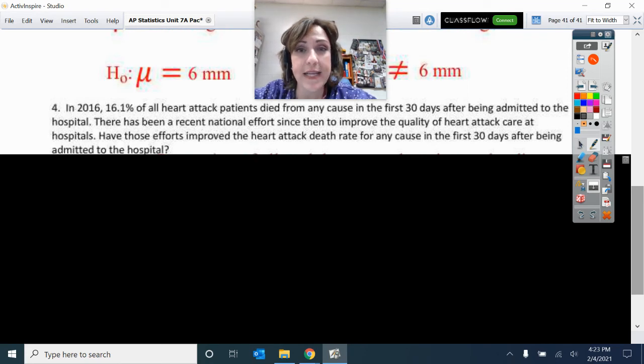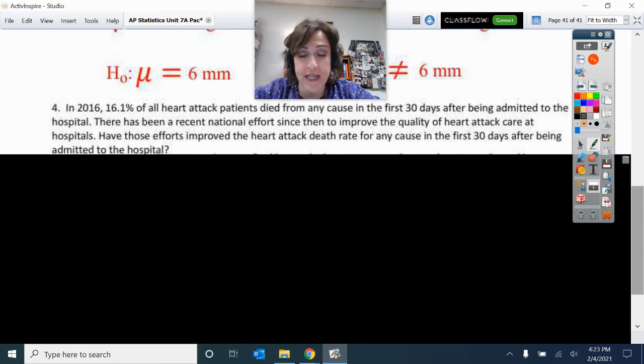So here, oh, look, I see a percentage in there. So that makes me think it's a proportion problem. So that's what I'm going to be defining. Let's see how well you did on defining your parameter. So I think, okay, so this is about heart attack patients who died from any cause after being admitted to the hospital.